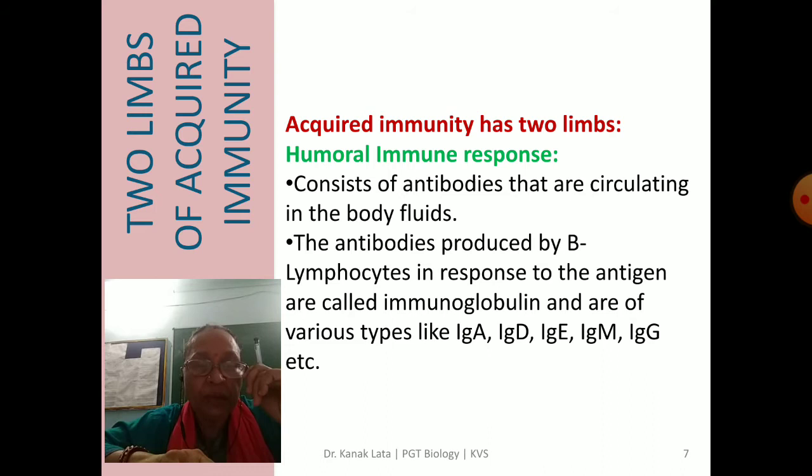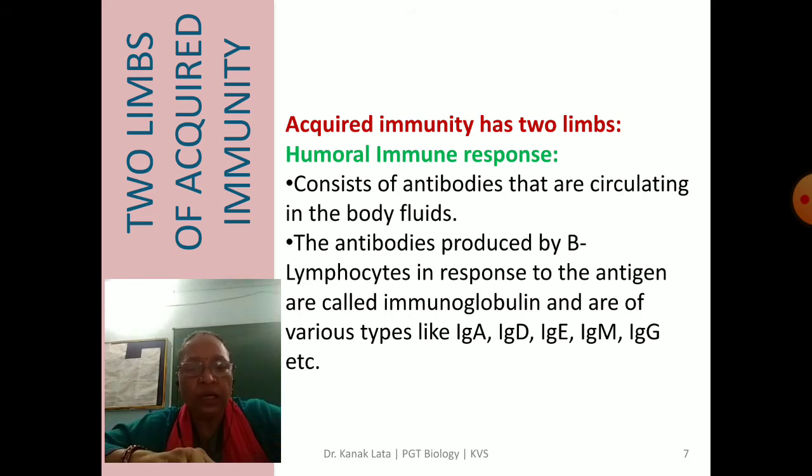Now the next topic is about the two limbs of acquired immunity. First is humoral immune response. It consists of antibodies that are circulating in body fluid.